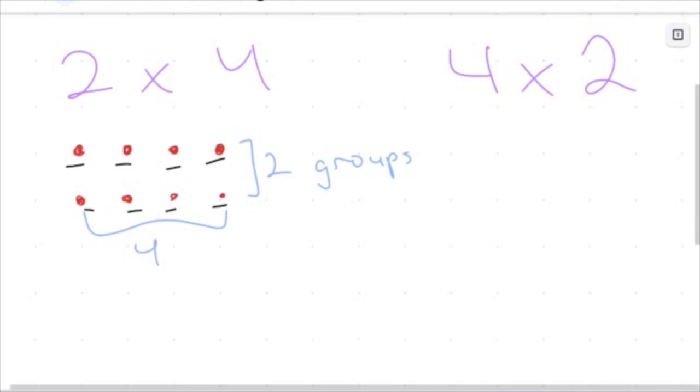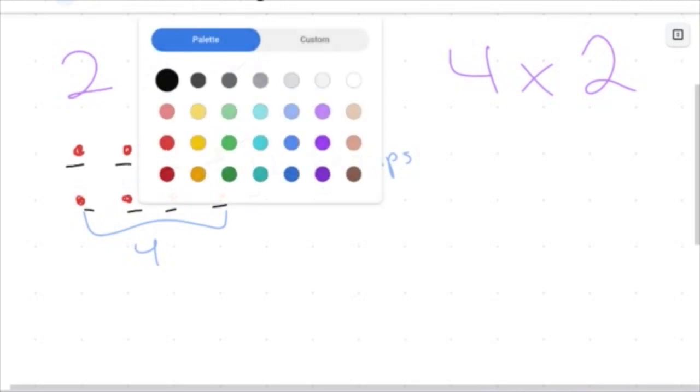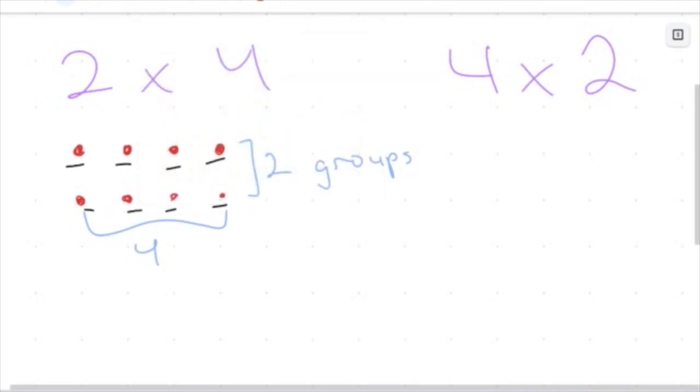And 4 times 2, I can show this as 4 groups or 4 lots of 2. Let me show that here. So I have 2 red circles, and I want to show 4 groups of this. So I have a second group, a third group, and a fourth group.